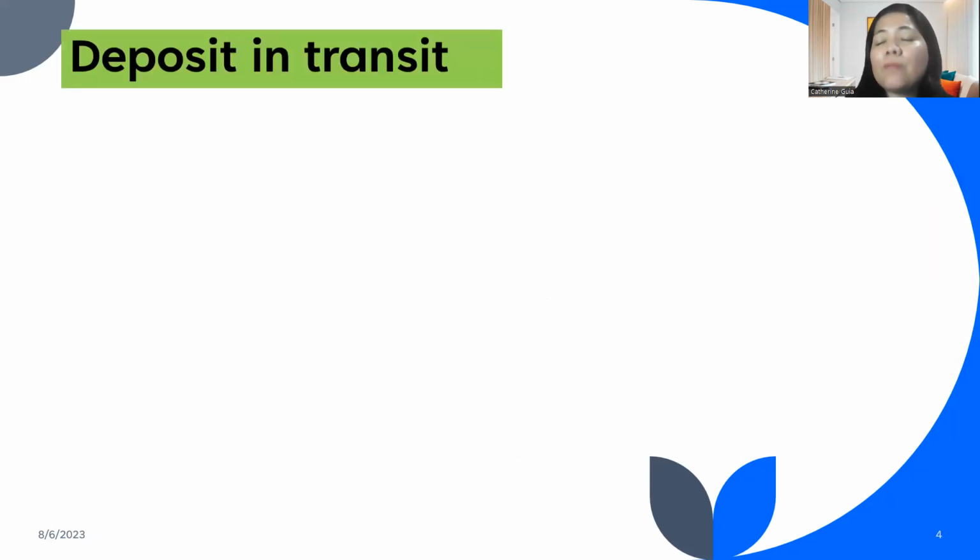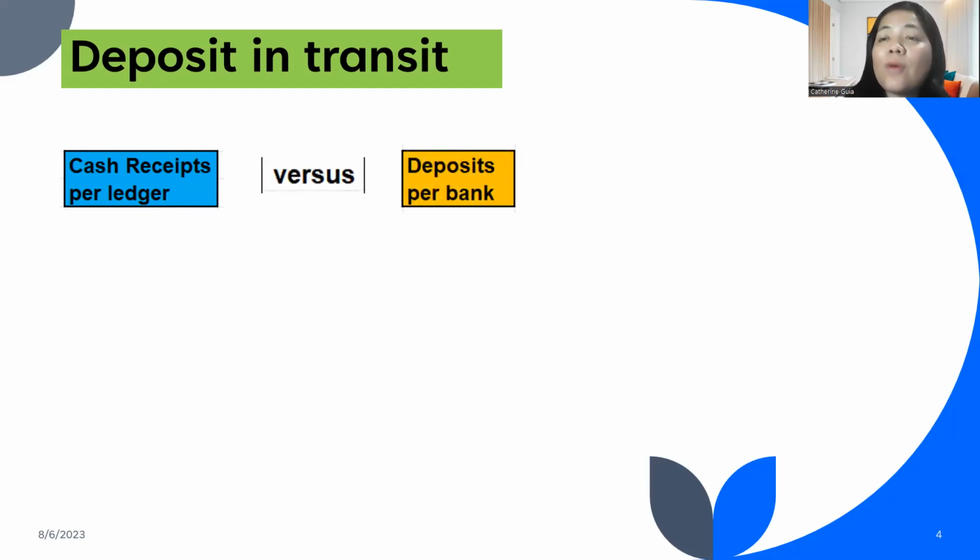And in preparing the proof of cash, sometimes you will be tasked to compute for the missing amount. Some of those amounts are the deposit in transit, beginning or ending. Okay? So in deposit in transit, we learned that there are two items which we compare: the cash receipts per ledger and the deposits per bank, or the deposits appearing in the bank statement.